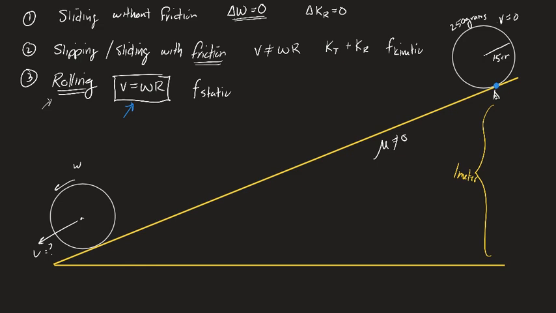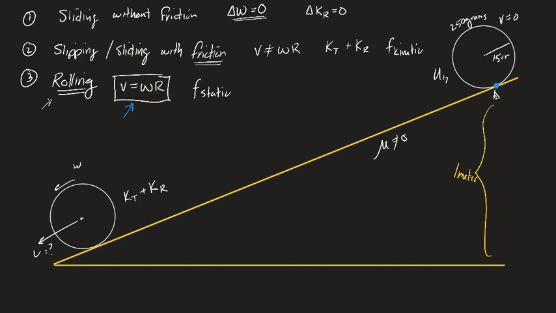Center of mass is going to change a height of 1 meter. At the bottom, though, it's going to have two kinds of energy, translational kinetic and rotational kinetic. At the top, it has no kinetic energy because it's not moving, so all the energy is gravitational. So in this problem, we're going to set the gravitational potential energy equal to the kinetic energies at the bottom.